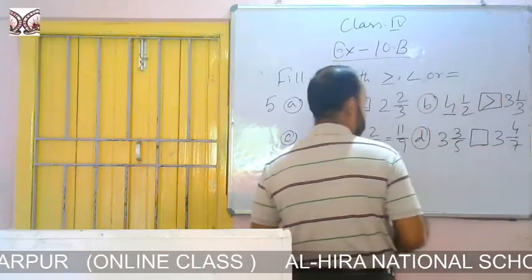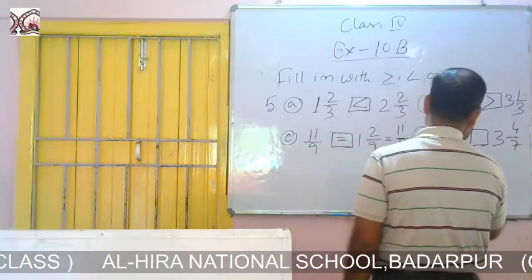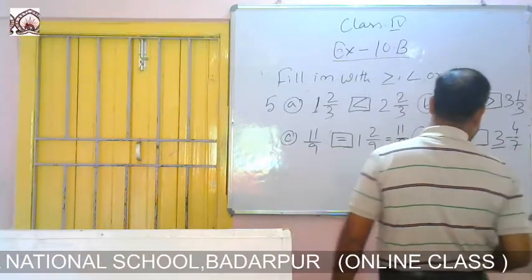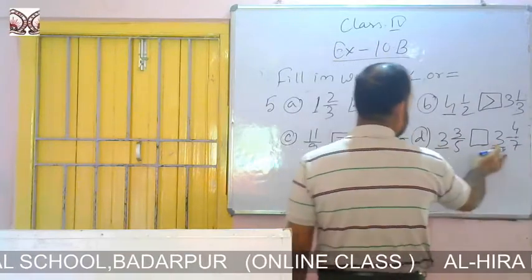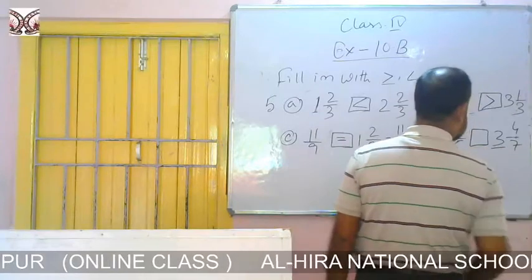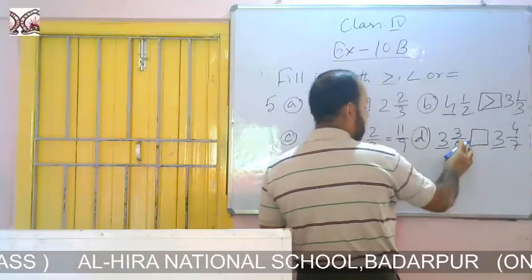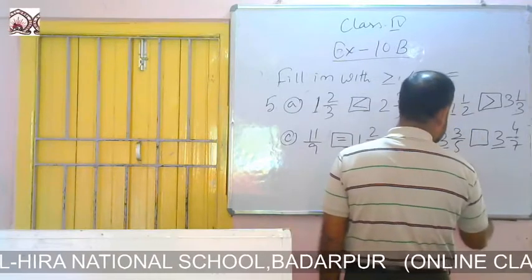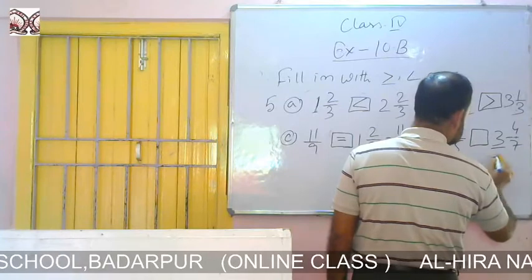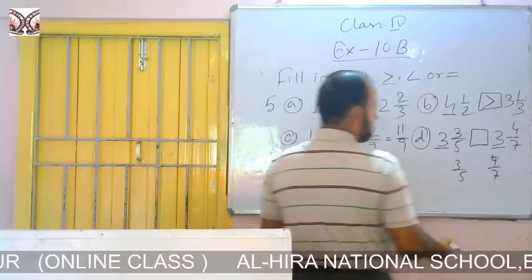So first we compare the integral parts. This fraction's integral part is 3 and this fraction's integral part is 3. So both integral parts are same. If both integral parts are same, then we compare the fractional parts. Here the fractional part is 3 by 5 and here it is 4 by 7.